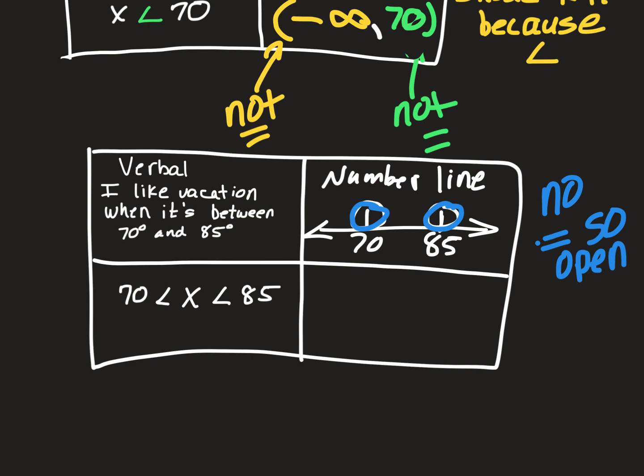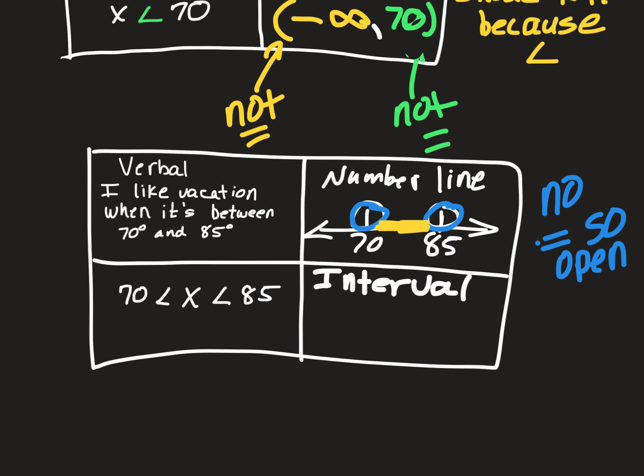And then I need to indicate on that number line that I'm cool with any temperature in between 70 and 85. So I'm literally just going to color my number line just like that. I'm going to darken the space that falls right in between 70 and 85. It's actually easier, I feel like, to do interval notation for a compound inequality, because you just do your smallest number and your biggest number.